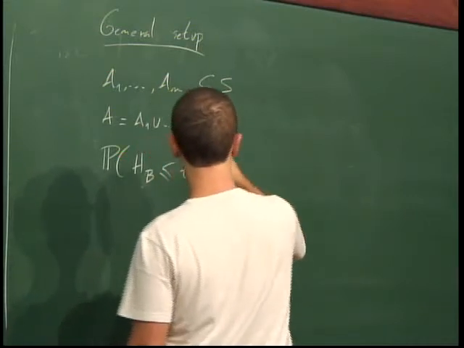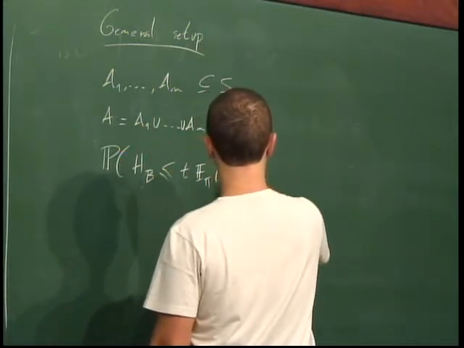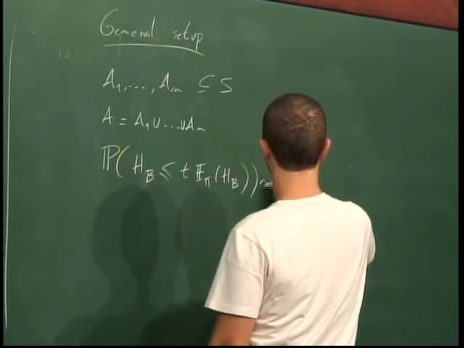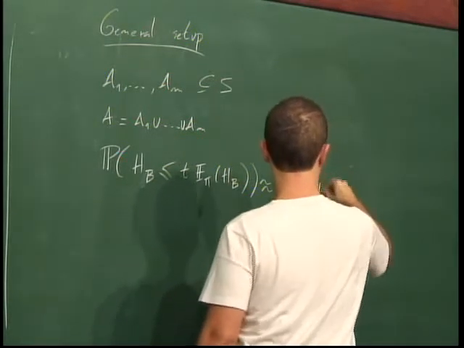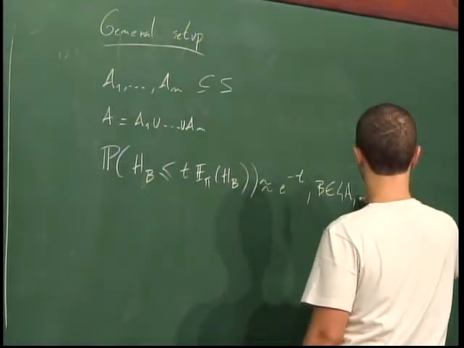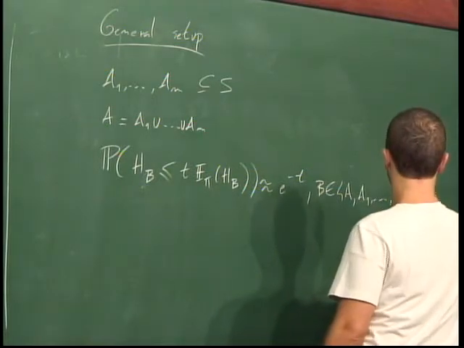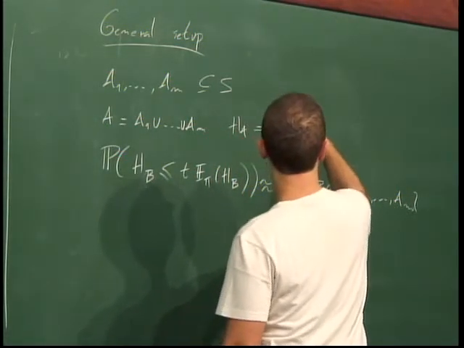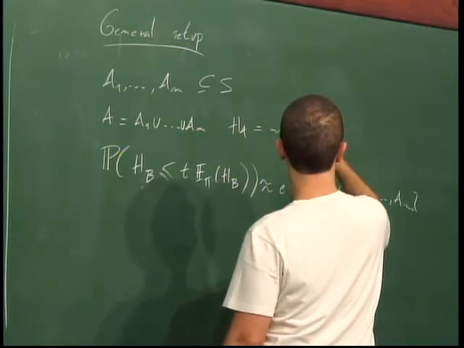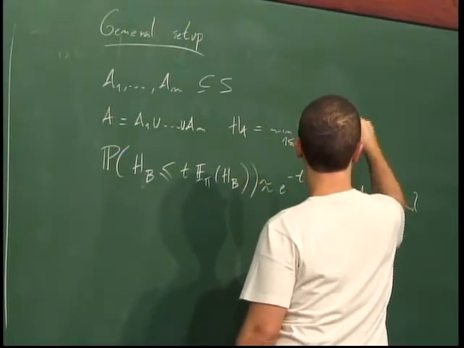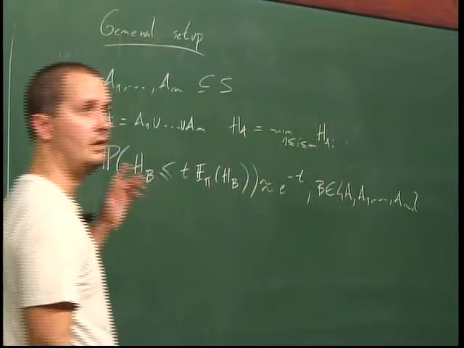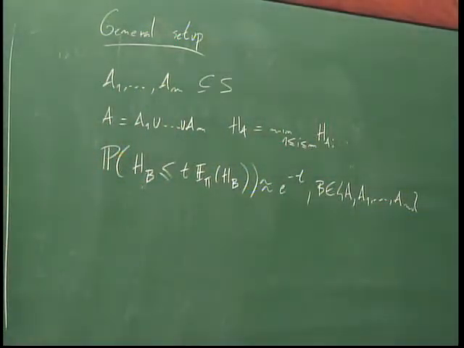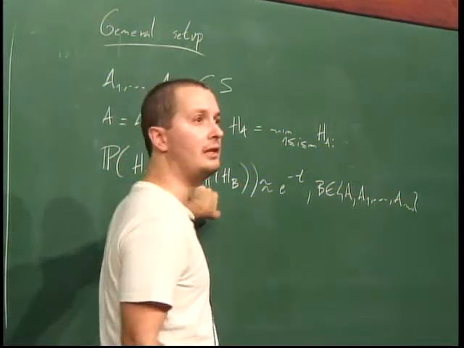Let me write this in a different way. Let me also say that the hitting time of A is the minimum of the hitting times of the A_i, since A is the union. The first time you hit A is the first time you hit one of these sets, A_1 through A_N. So we really expect a formula like this to hold.